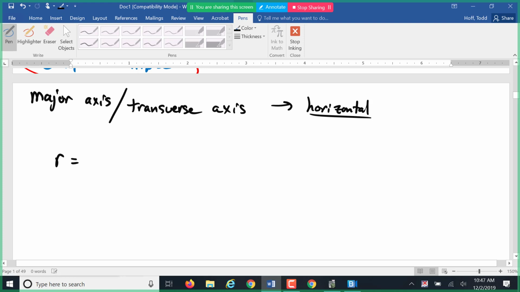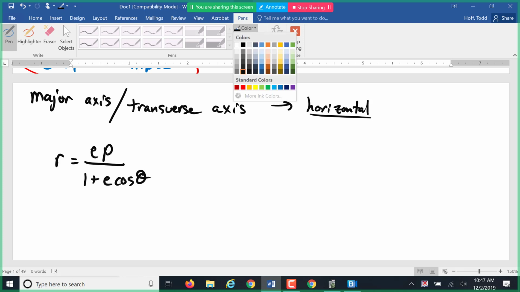So it could be of the form r equals e rho over 1 plus e cosine theta. Actually, it's not a p, that's a rho technically. Rho is the Greek letter rho. It looks a lot like a p.